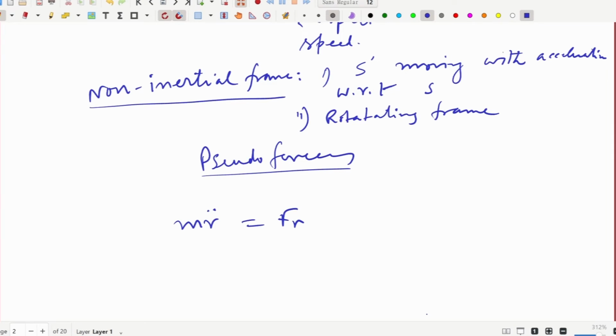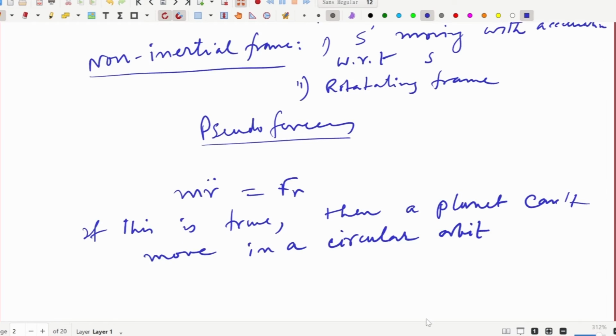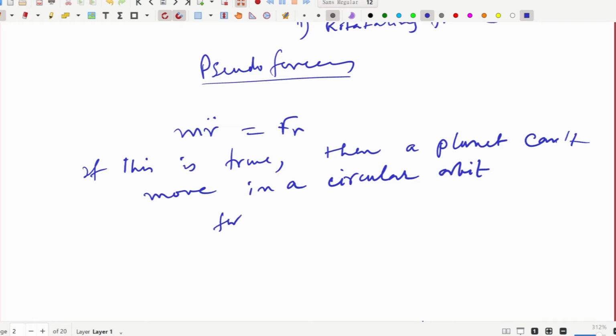Newton's law cannot be true in this frame, because if this is true, then a planet can never move in a circular orbit, because for Fr not equal to 0, R double dot will not equal 0, and R dot will certainly not equal 0.